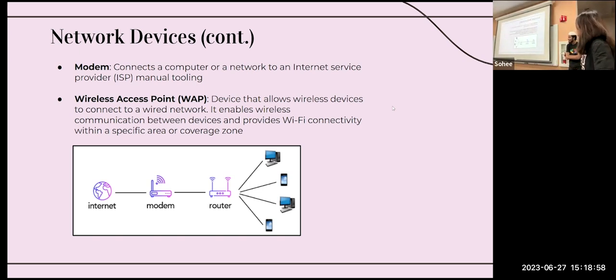Okay, so we have a few more devices. One you probably have in your home network is a modem, and you also have a wireless access point. A modem is a device that connects a computer or network to an internet service provider.